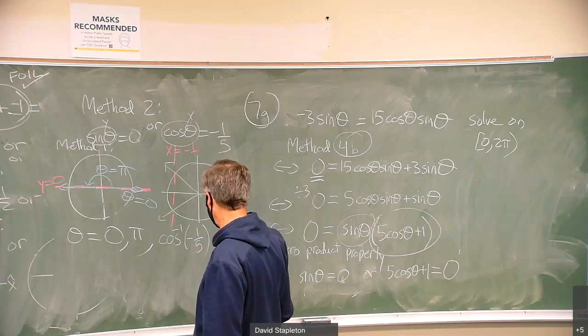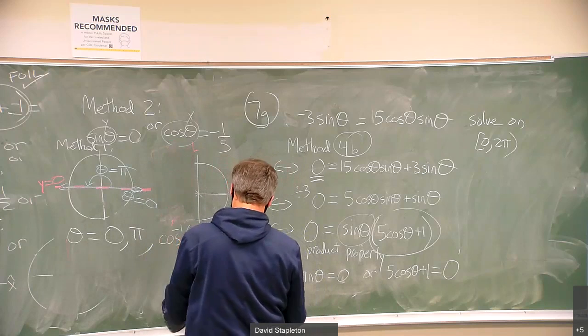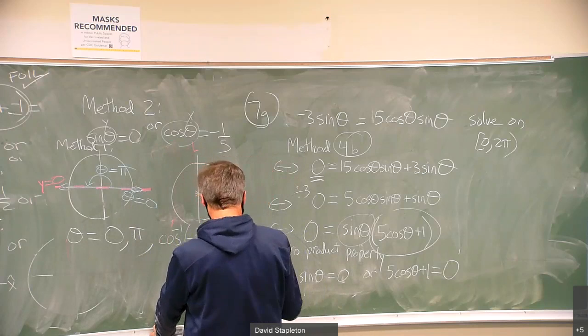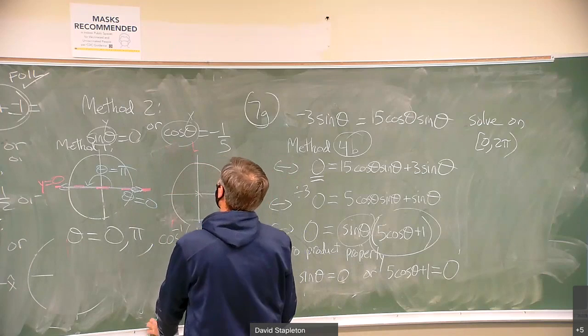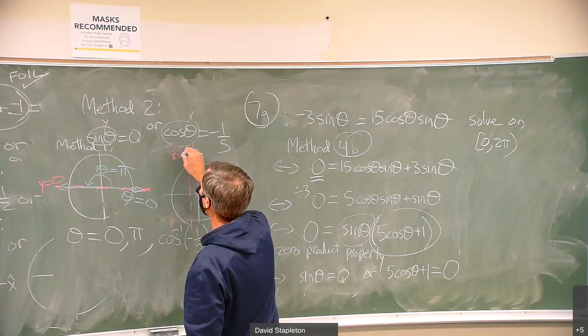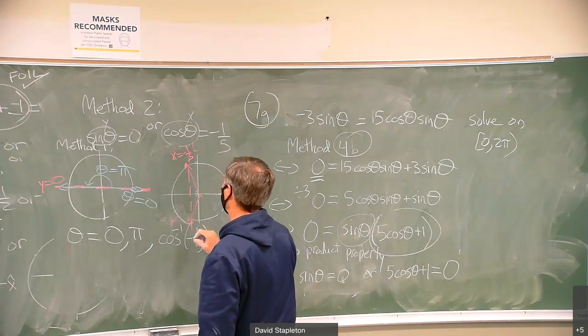I should draw it over here. It doesn't have to be real accurate, just in the right quadrants, but x coordinate equal minus a fifth is this vertical line. I observe there's two terminal rays, this one, and that's it.